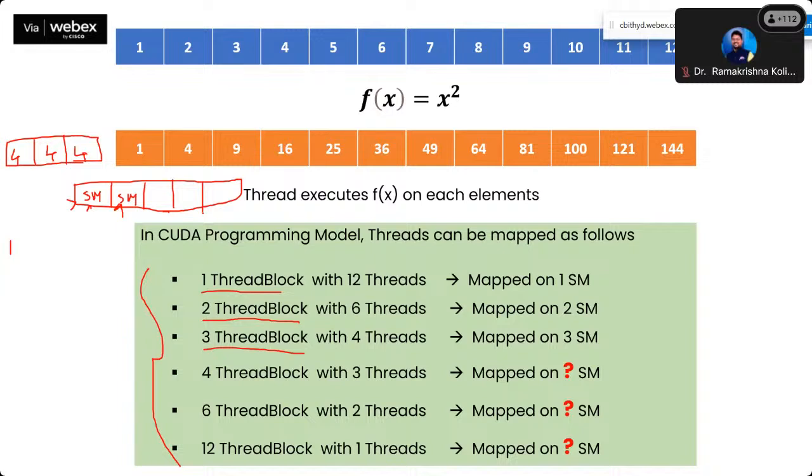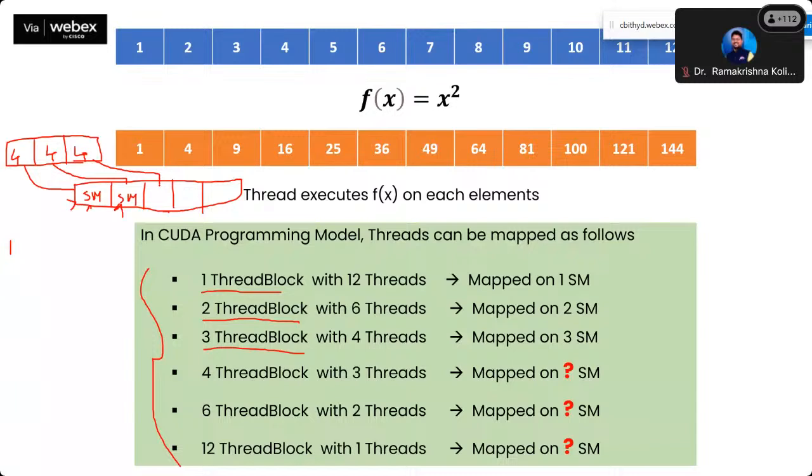So these 12 threads are divided into 3 thread blocks, and these thread blocks are going to map on each SM. Likewise, all 3 SMs will execute simultaneously.